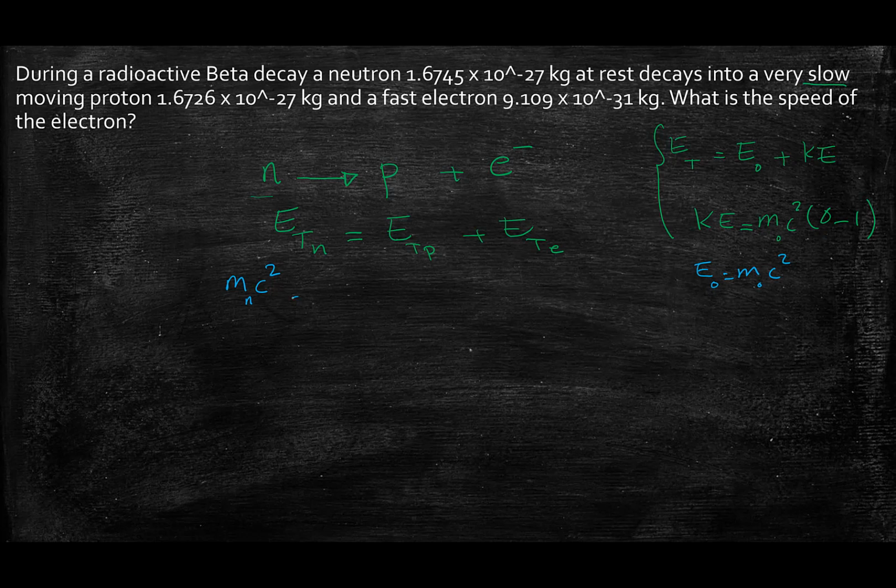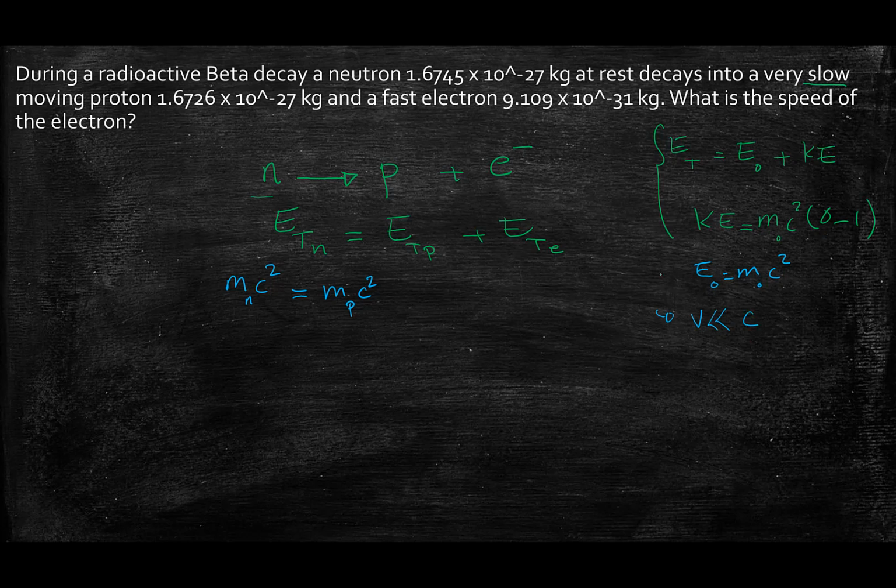And then for the proton, we know that we have the rest mass, so I'm just going to write that down first. But for the kinetic energy, since it's moving slowly, I'm going to explain in the corner what this means. Moving slowly means that the velocity of the proton is going to be much less than c.